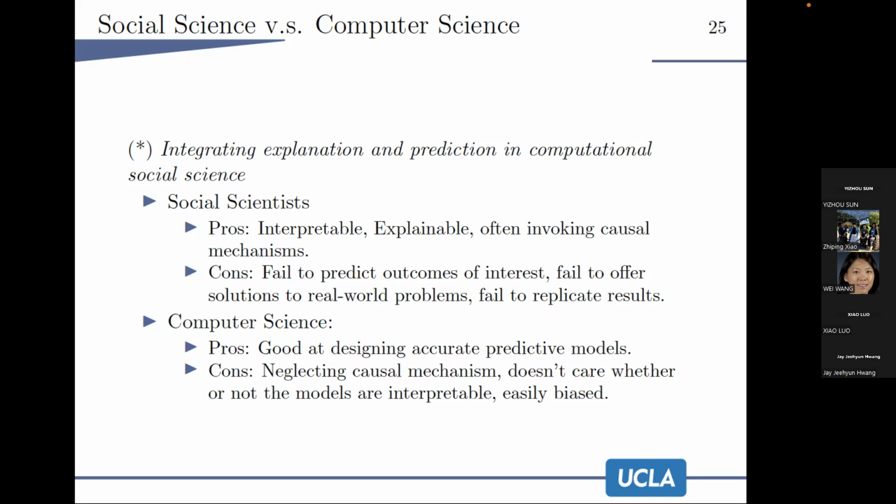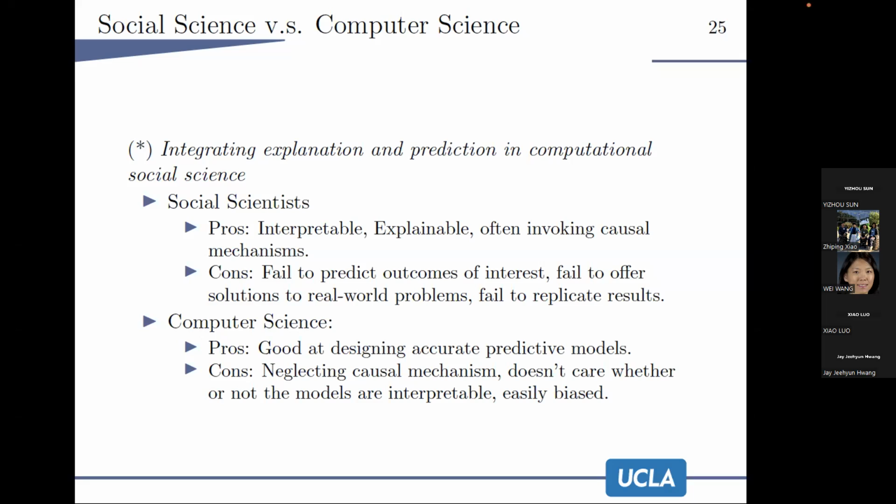But I find that some observations and insights it has on social science and computer science are pretty reasonable and worth mentioning. For social science, the pros are that they always easily come up with an interpretable manner of describing things, and they are explainable. Their models have a lot of reasons to back them up, and they always use causal mechanisms.